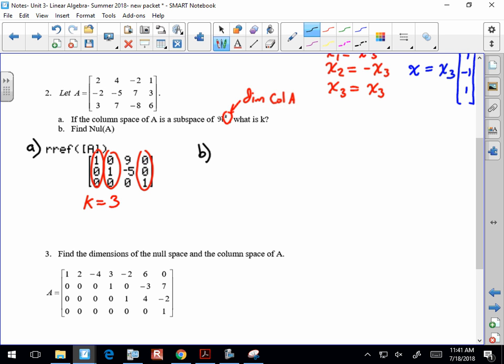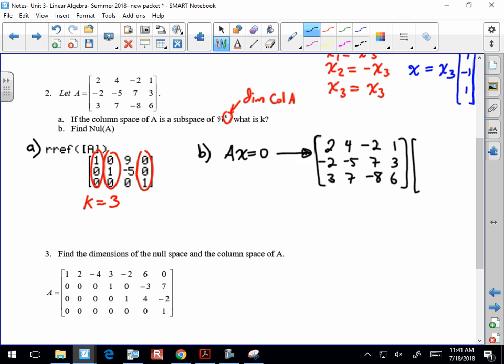And again, we're operating under the assumption that you understand the background work, and that is that we're saying that Ax equals 0, that you have this matrix-vector multiplication going on here, where you're looking at x1, x2, x3, going right back to, I believe, unit 1.